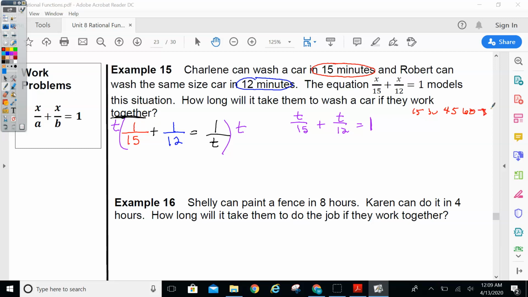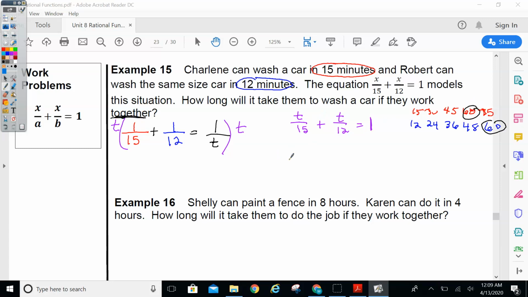And if we count 12s, we get 12, 24, 36, what's next, 48, and 60. There we see the least common multiple between the two is 60.